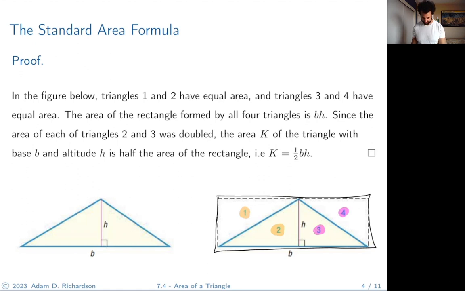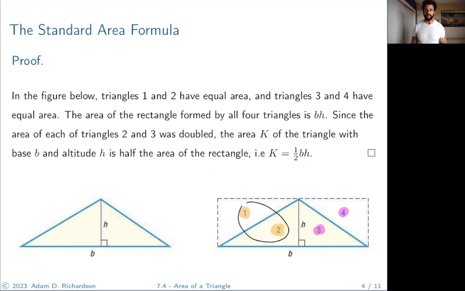Now, do this right here. So we know the area of that rectangle is base times height. But since these triangles here have the same area, it's basically that area doubled. And these triangles here have the same area, so it's like that area doubled.